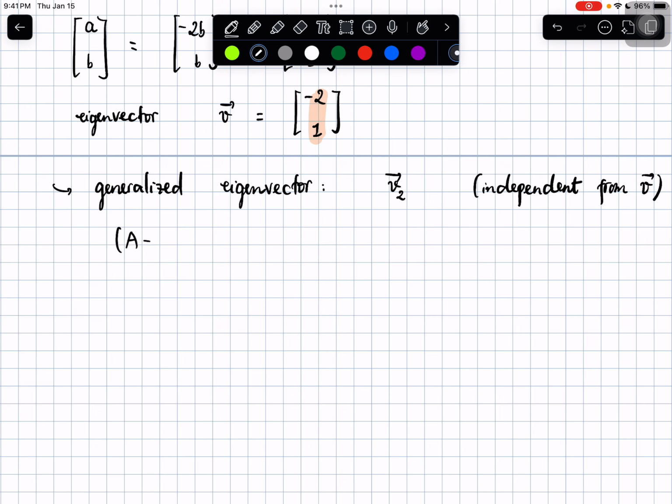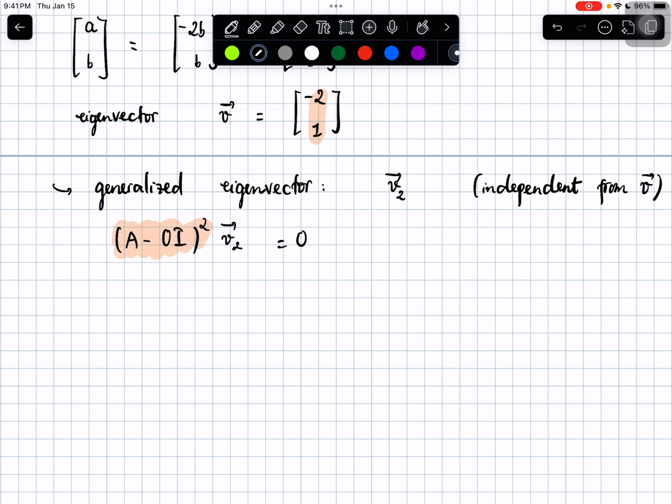In our case lambda is 0. If you do this, this gives us the 0 matrix.